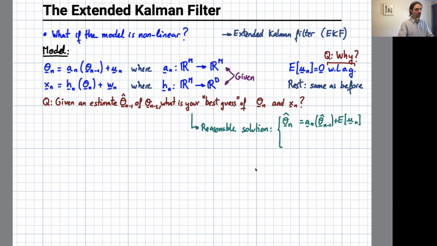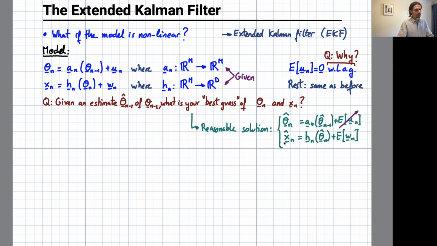Here we can apply the same logic as before. Given this equation, if we have an estimate for theta n-1, it seems natural to plug it here and replace this with its mean, right? And that will give us our guess of the current state. So it would be this one here, and of course this u_n has zero mean, so even simpler.